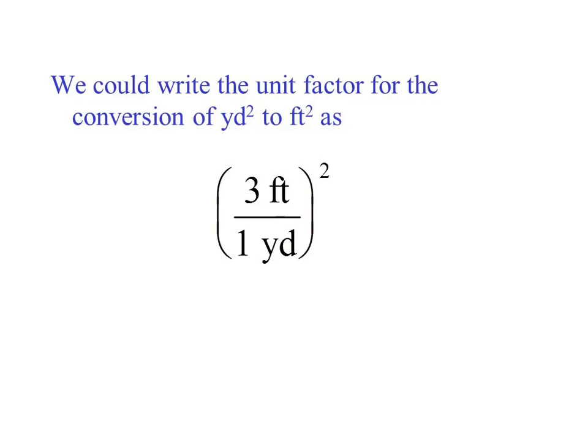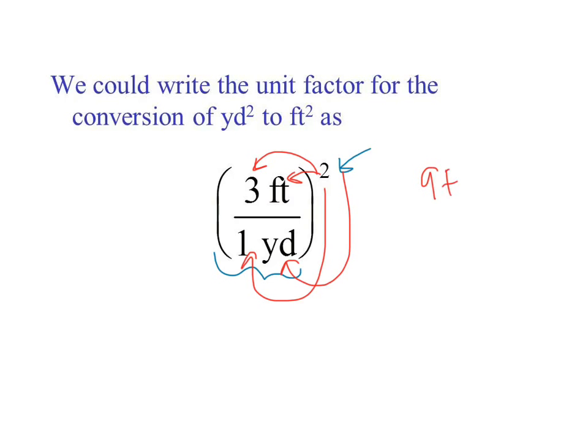What throws us off is that anytime you have a quantity like this raised to a power, that power applies to the numbers and the units in the top and the bottom. So if you expanded that, that would be 9 feet squared per 1 yard squared.